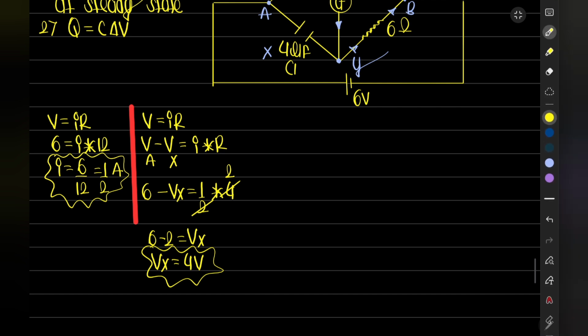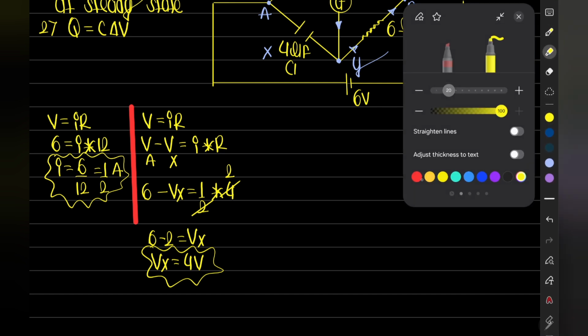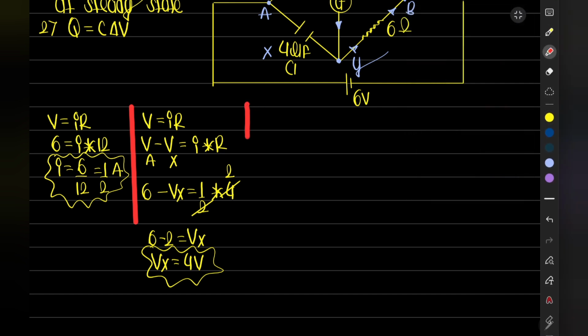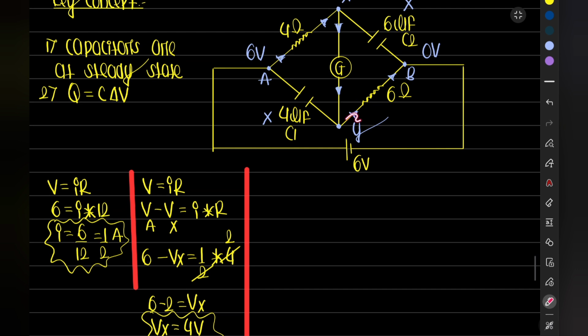Now, in the same fashion, we will find the potential at point Y also. For this I will consider this path. Potential of B I know, but potential of Y I don't know. Current is passing from Y to B, so Y will be at the higher potential and B at the lower potential.